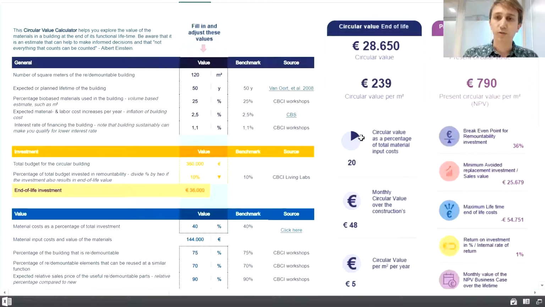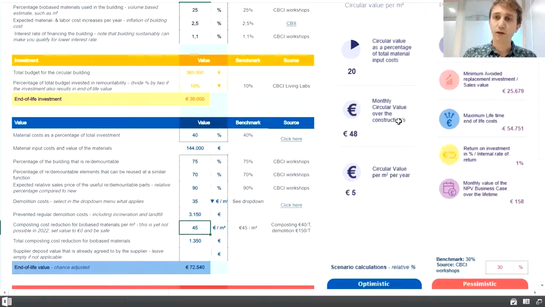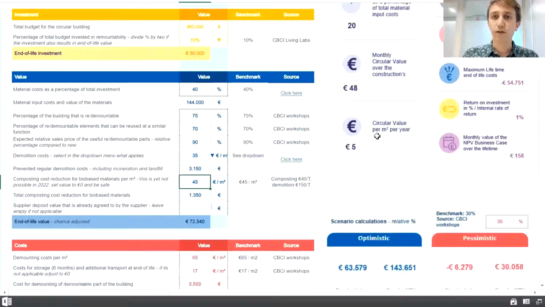So about 20% of the material input costs are associated with the circular value. And if you calculate it month by month, over these 50 years, it's about 48 euros per month, the value that it entails. And if you divide that by square meters, it's about 5 euros per square meter.